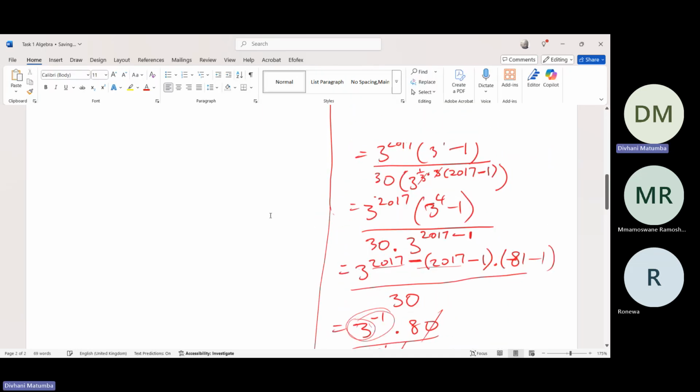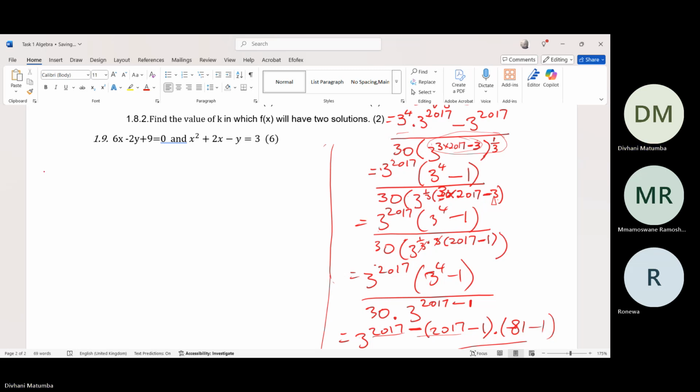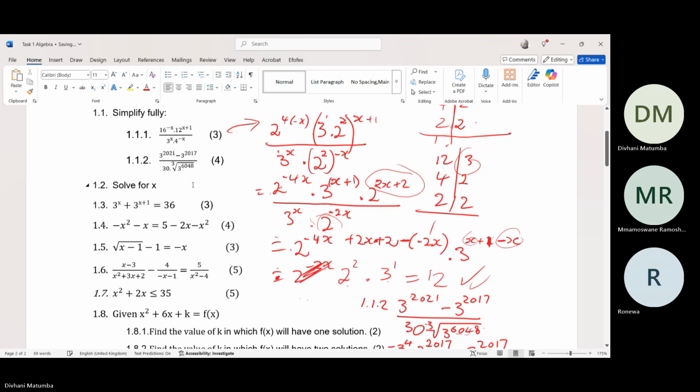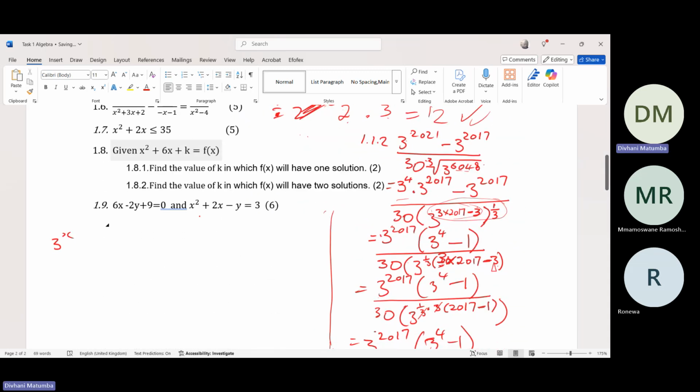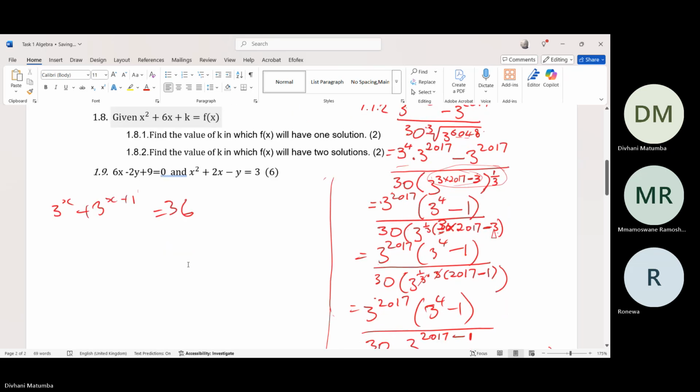We have 3 to the power of x plus 3 to the power of x plus 1 equals 36. Now, Ronel, are we allowed to add the two powers?